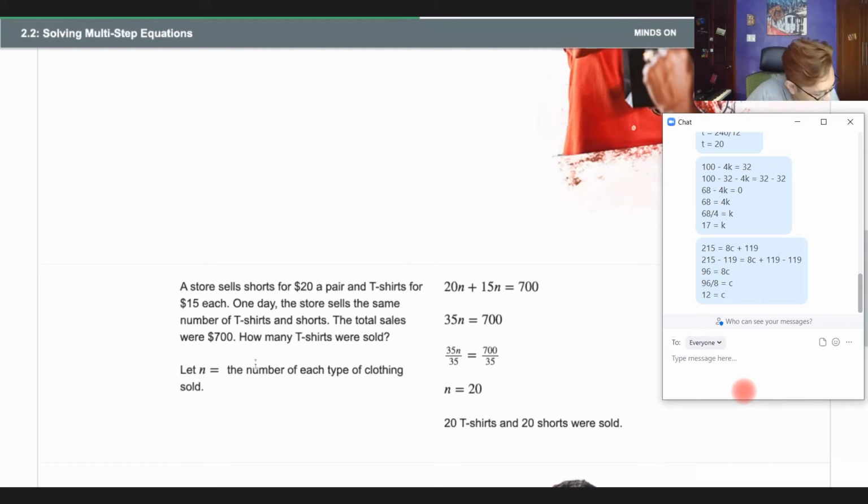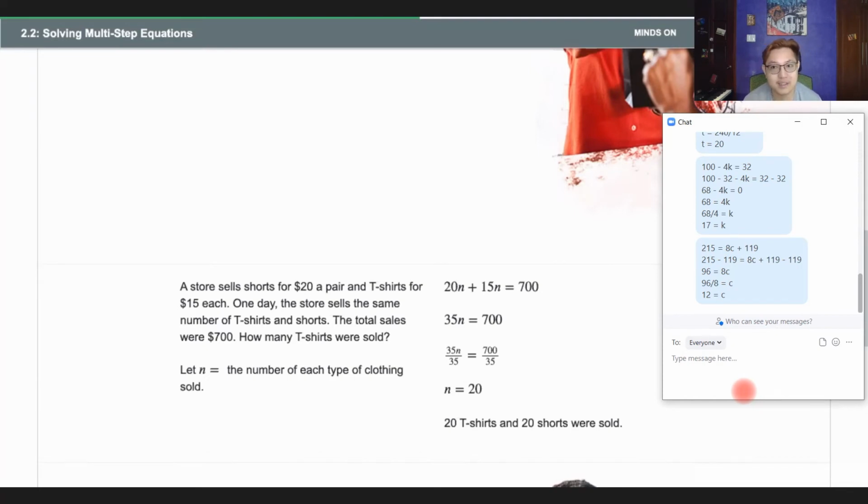Let n equal the number of each type of clothing sold. So it's 20n plus 15n equals 700. The key point here is the store sells the same number of t-shirts and shorts, so it's the same n.